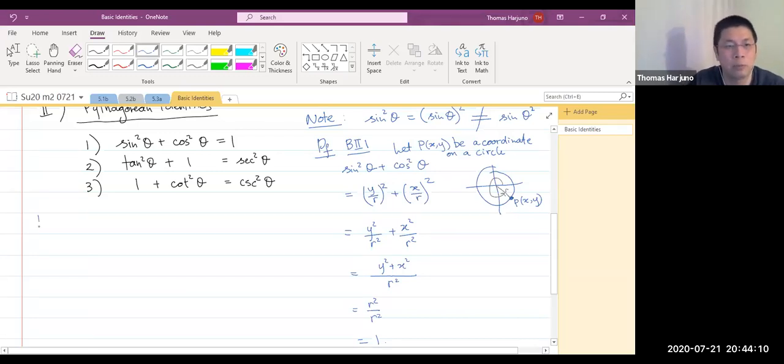Now you can prove B2-2 and B2-3 in a similar way. Let me prove that here. Proof for B2-2. You can use a similar way, but let me do it slightly differently this time. I will start from B2-1.